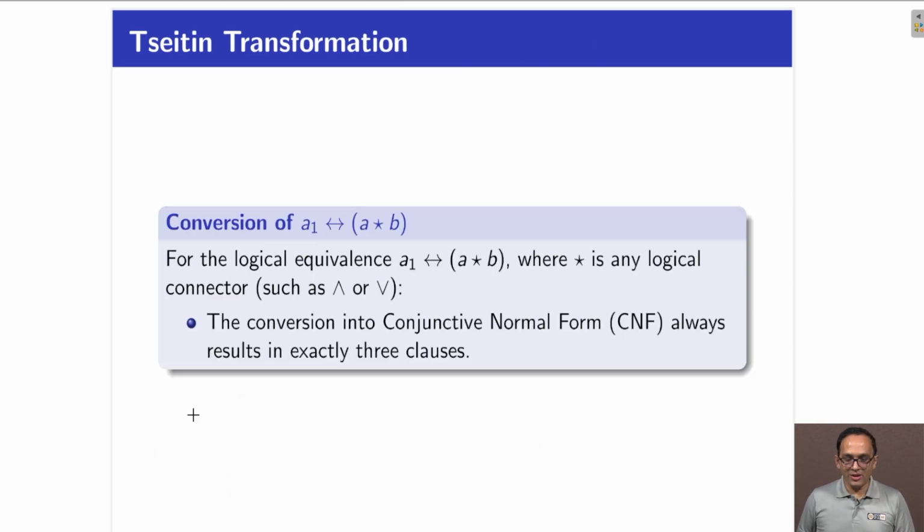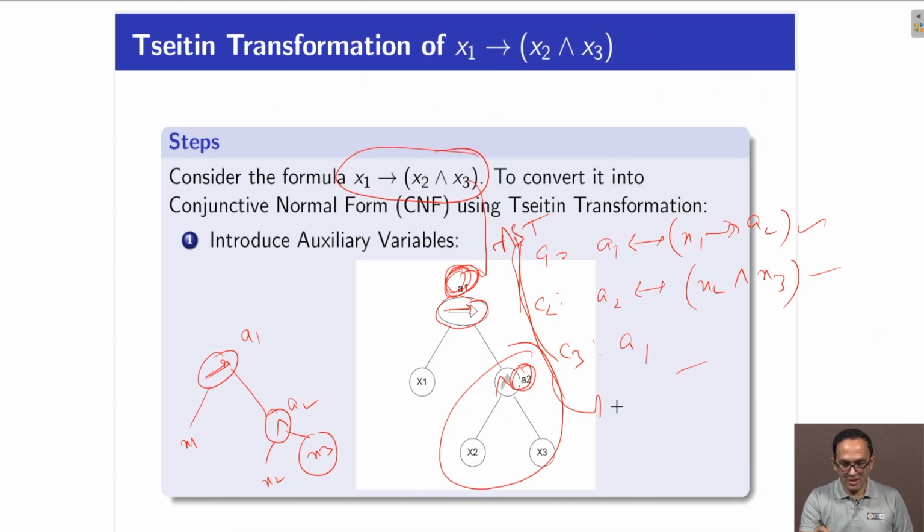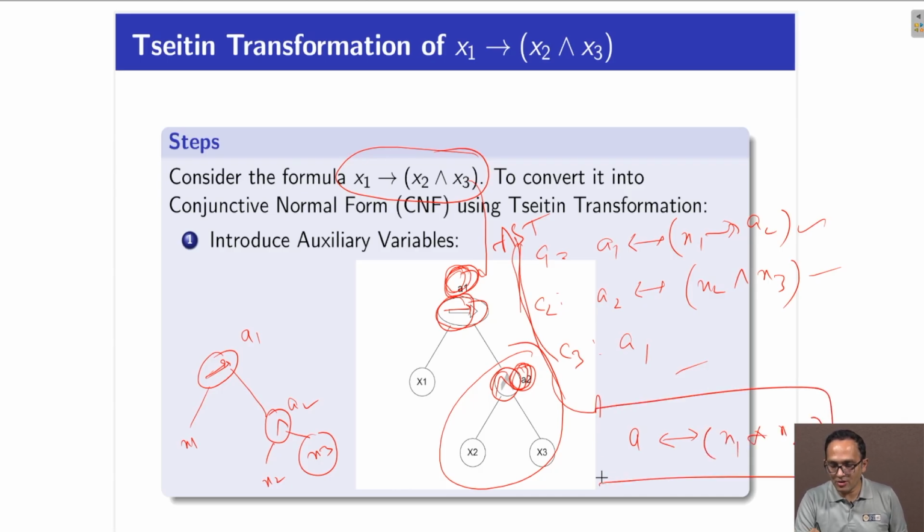In general, what is happening? If you look at this carefully, I have some syntax tree, and some node which can be any Boolean operator: AND, NOT, implication, by implication, XOR, NAND, anything. So what is the generic form? I have an auxiliary variable, and the generic form is A by implication (x1 star x2), for whatever operator of two variables. Whatever this operator is, I will always get three clauses.